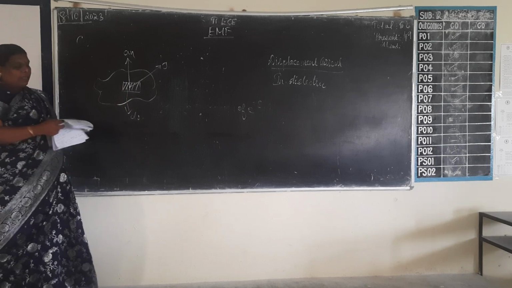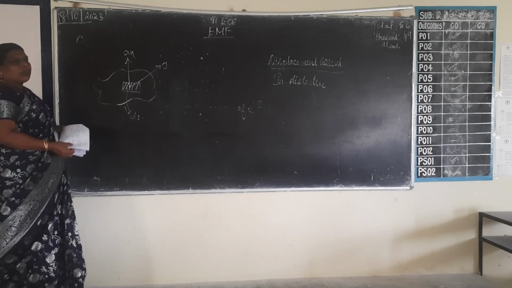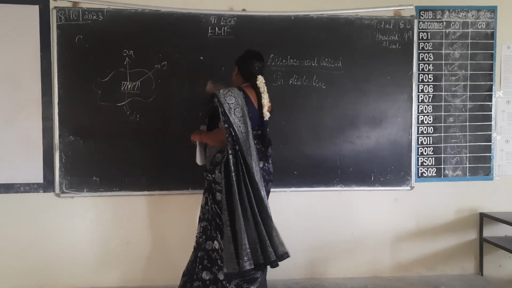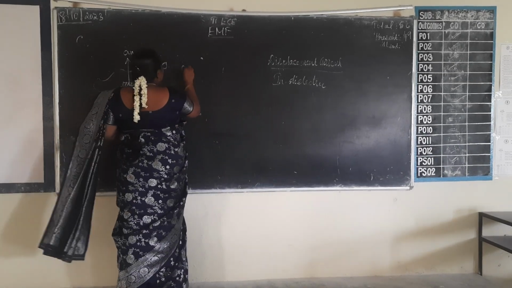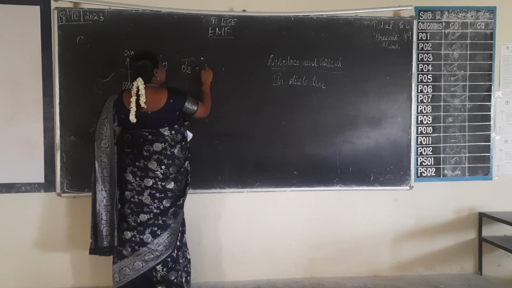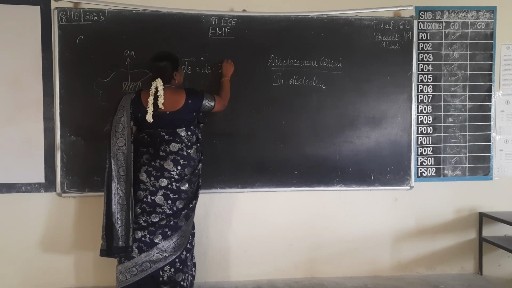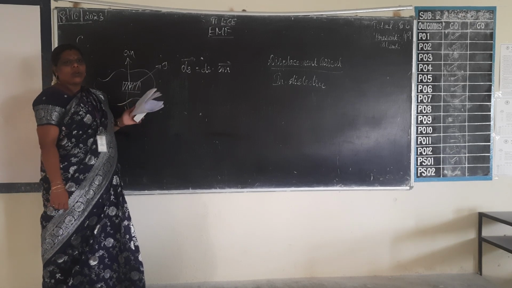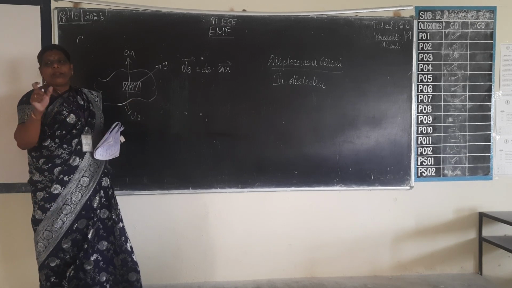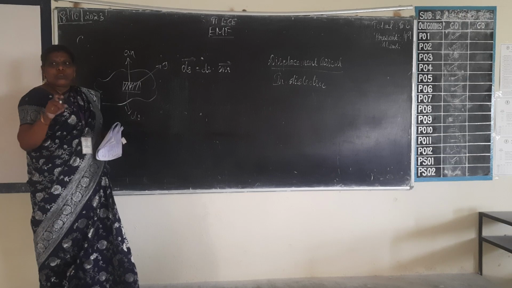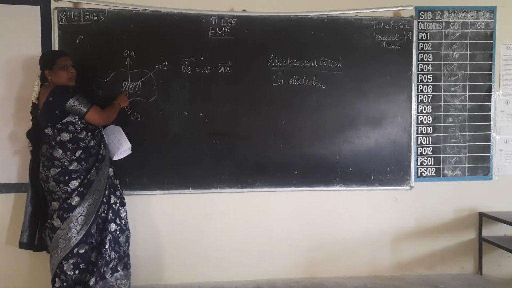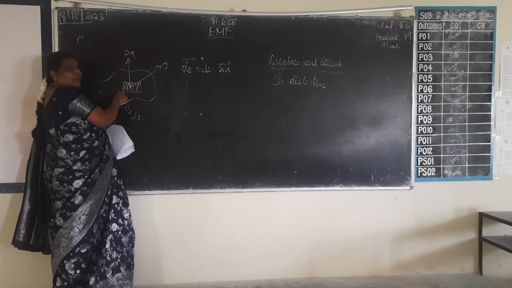Okay, now listen, what is ds vector? How do you denote ds vector? Ds vector is equal to ds times an vector. We have seen this already, no? Any vector quantity can be determined by its magnitude times its normal vector. What is the normal vector to the surface?